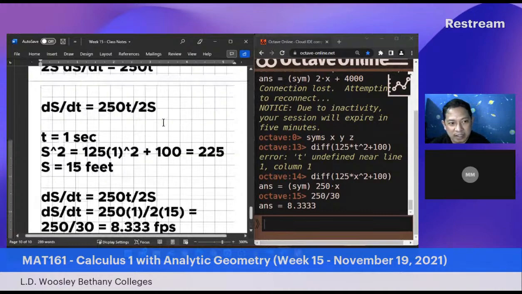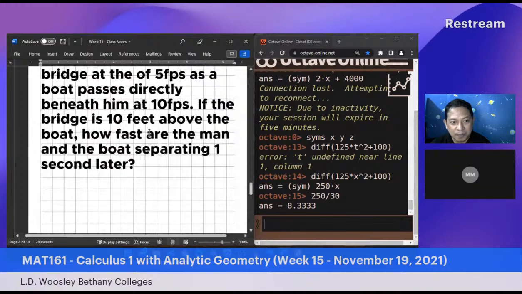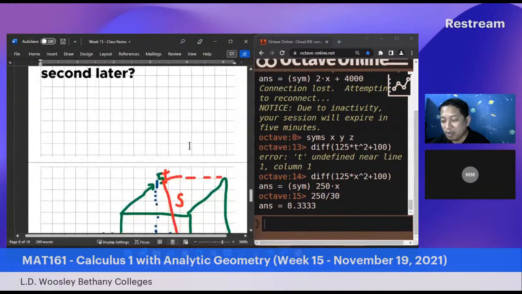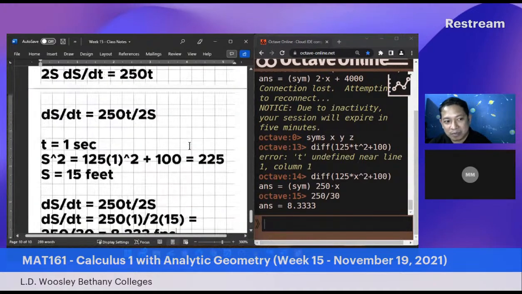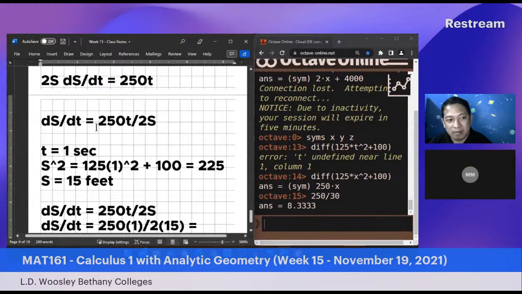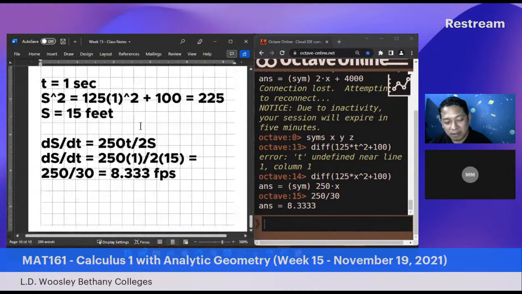Kasi what is asked there is how fast. How fast is the man and boat separating a second later? We compute for how long, that is 15 feet. But how fast, you substitute it with the derivative formula, this one, 250t over 2s. Saka mo lang isa-substitute. Okay?